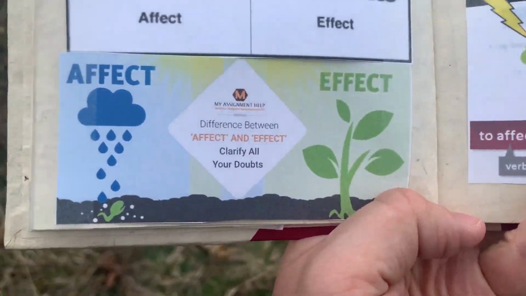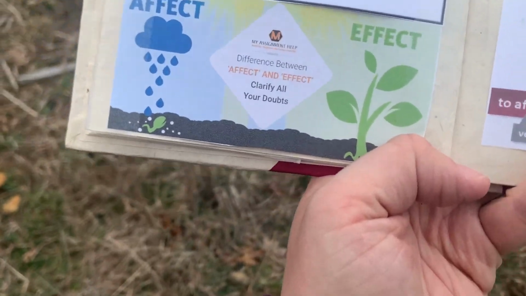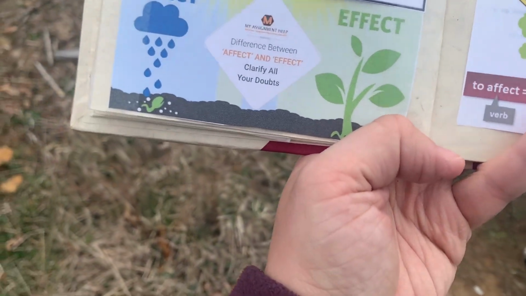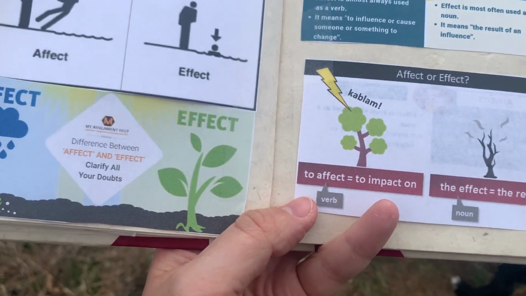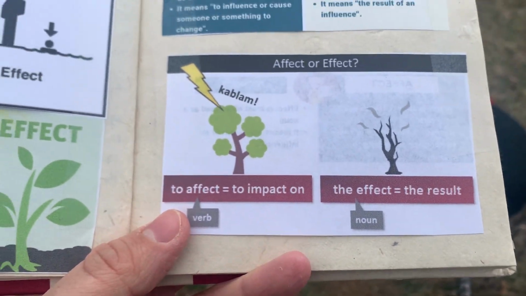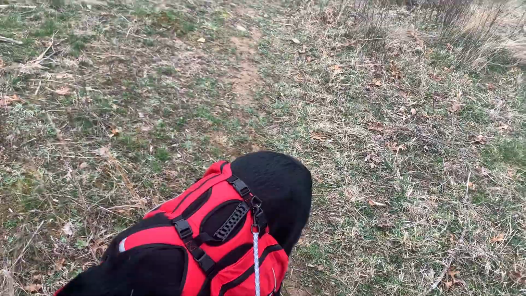Same thing, different scenario, happier for the plant, is that rain affects growth, and the effect is a nice happy plant that is grown up. Might have a bad future, we'll see. So that's your affect and your effect.